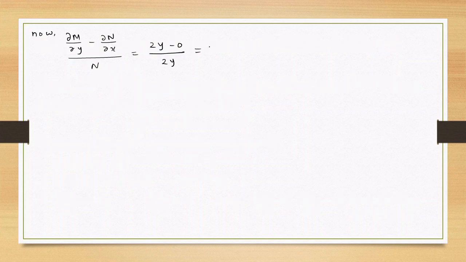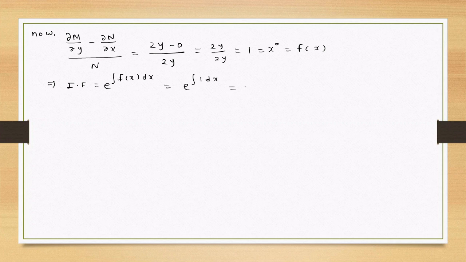So 2y upon 2y is equal to 1. Can I write it as x raised to 0? So it is a function of x only. So we can write the integrating factor as e raised to integration f of x dx. What is f of x here? f of x is 1, so integration of 1 dx is x. So the integrating factor is equal to e raised to x.